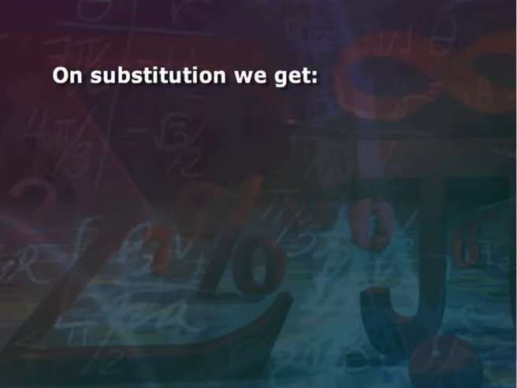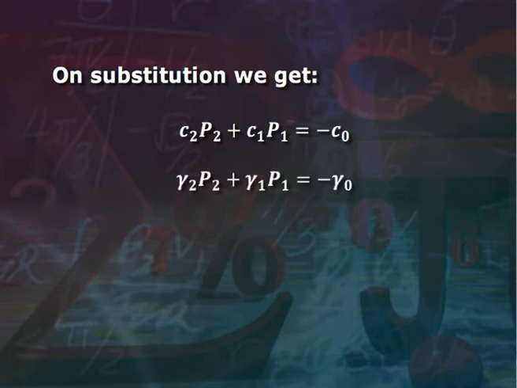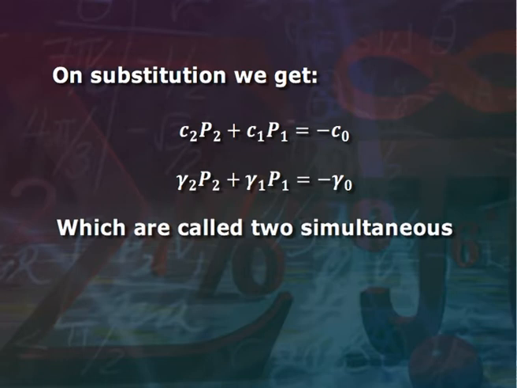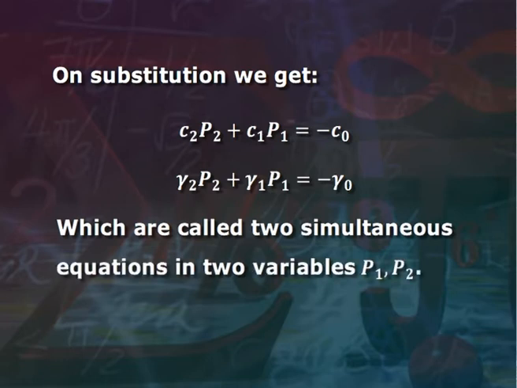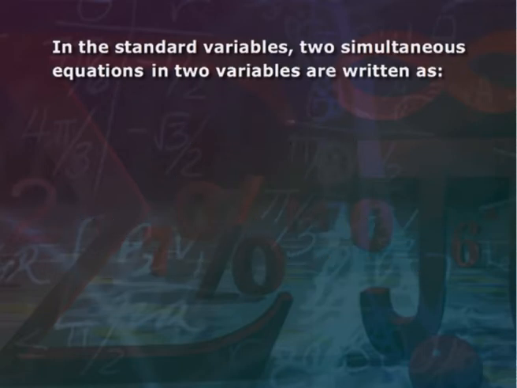On substitution, we get C2 P2 plus C1 P1 equal to minus C0 and gamma 2 P2 plus gamma 1 P1 equal to minus gamma 0, which are called two simultaneous equations in two variables P1 and P2. In standard variables, two simultaneous equations in two variables are written as Ax plus By equal to C and alpha x plus beta y equal to gamma.